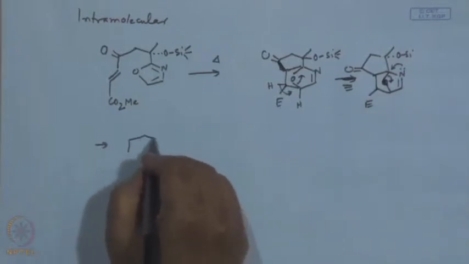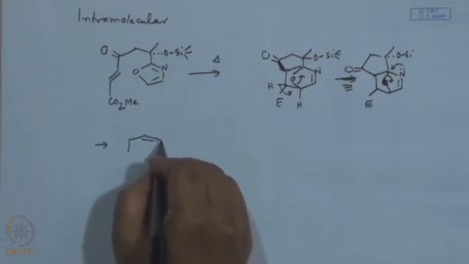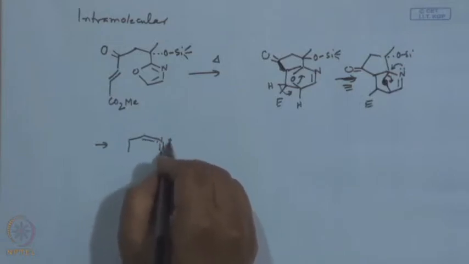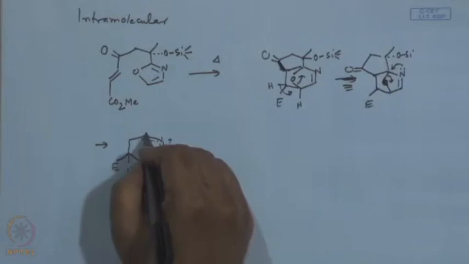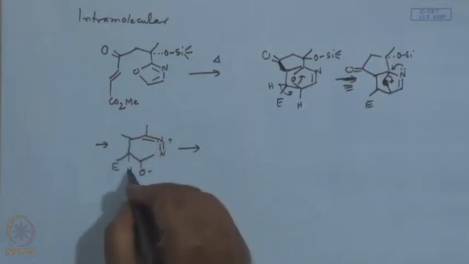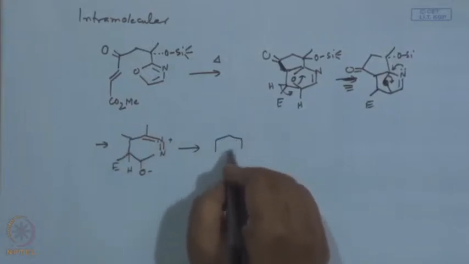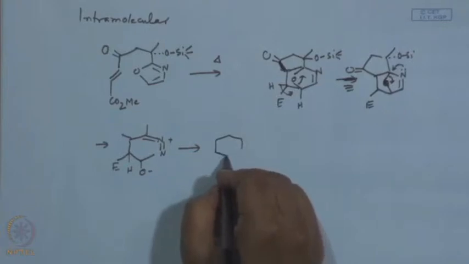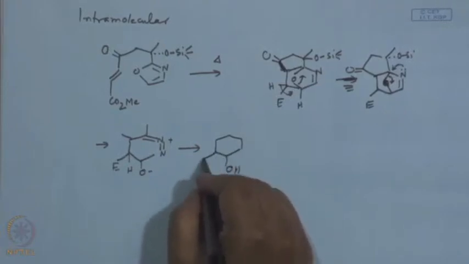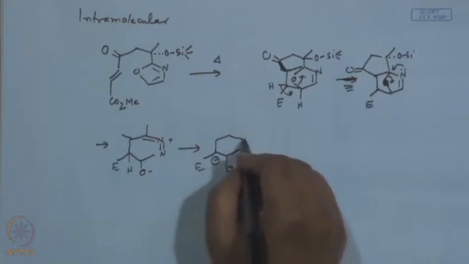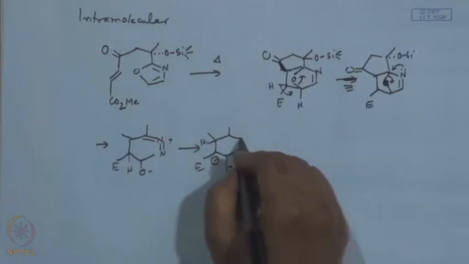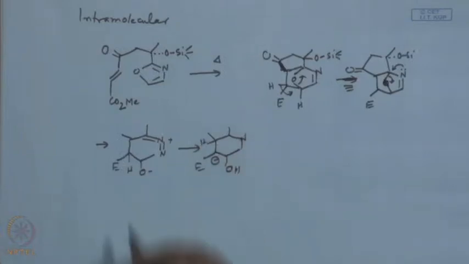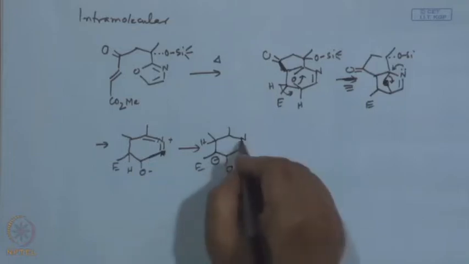aromatization. Although it was somewhat strained, you can just go on writing this is E, this is oxygen minus, and then you have all the other things, and then the hydrogen can undergo migration to OH, then E, and then you will have minus here. In the meanwhile this hydrogen, sorry, I think a mistake there, this is one nitrogen.